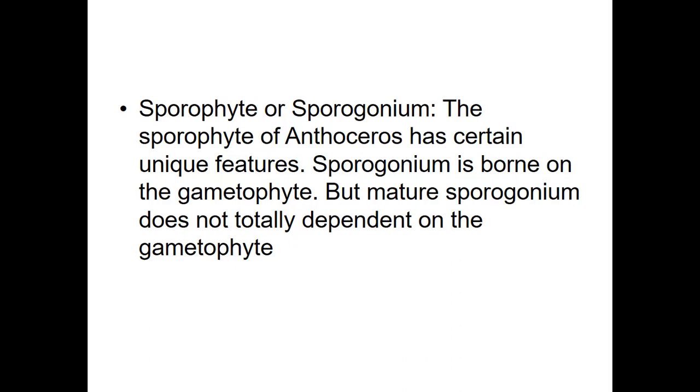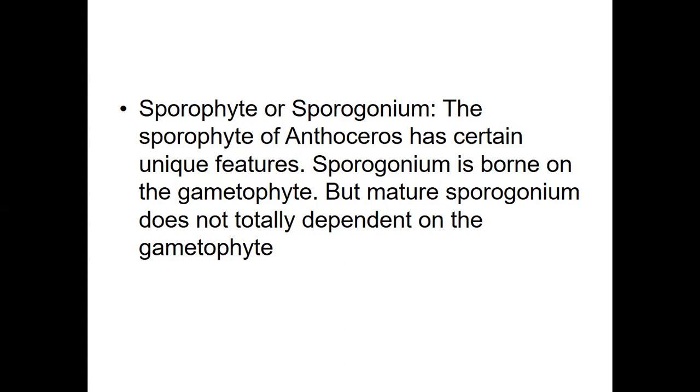Now, the sporophyte of Anthoceros is quite different when compared to Marchantia. In Marchantia, the sporophyte is embedded in the female thallus, that is, in the archegonia. But in Anthoceros, the sporophyte projects out of the thallus, growing into a long filamentous structure.